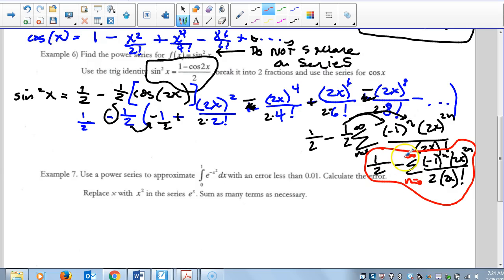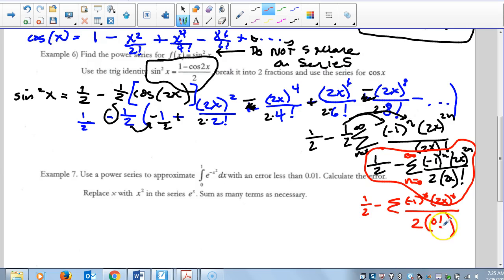And my goal is to make sure that this is correct. There are different ways that you can write this. So I always check out the first term or two. So if I put in 1/2 minus, if I put 0 in for all of my n's, that's going to be the sum of negative 1 to the 0, 2x to the 0, over 2 times 0 factorial.